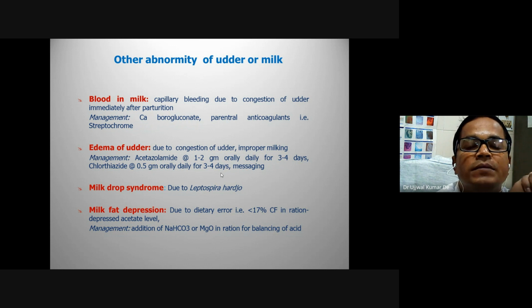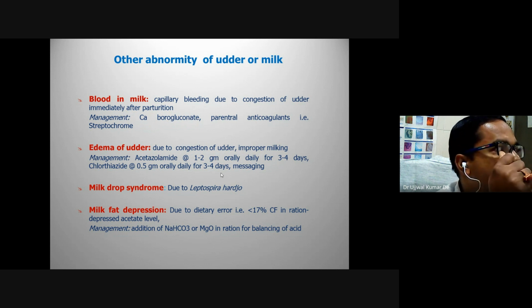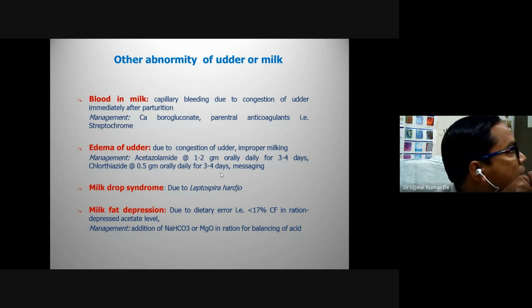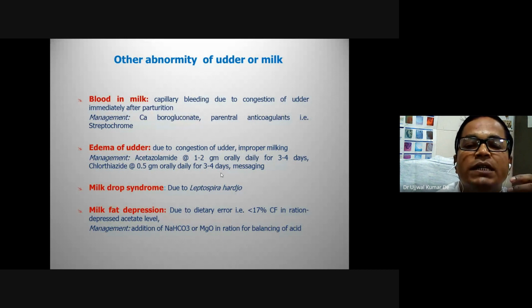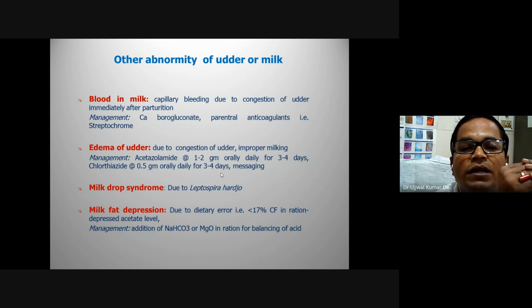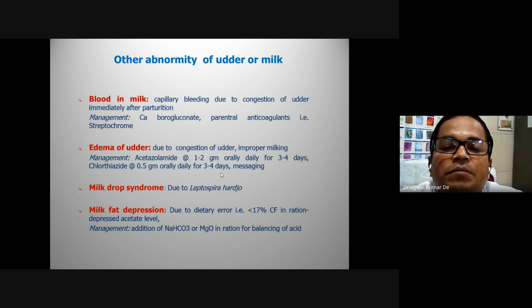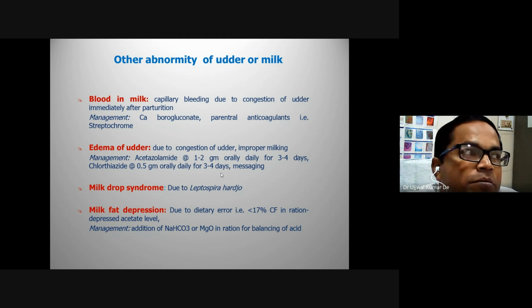In that case, sometimes it is capillary bleeding of the udder, because in the initial stage of lactation the capillaries become fragile, and blood sometimes oozes. In that case you can give 3% calcium, parenteral, and some supportive treatment.